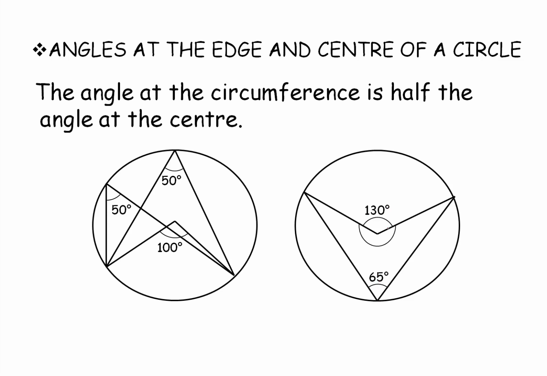So if we are considering this other angle, which is 230 degrees, we'll draw another two sides that will be intersecting the circumference at this edge. So it means this angle is twice that angle at the circumference. So 230 divided by 2 will give you 115. So this angle is 115.